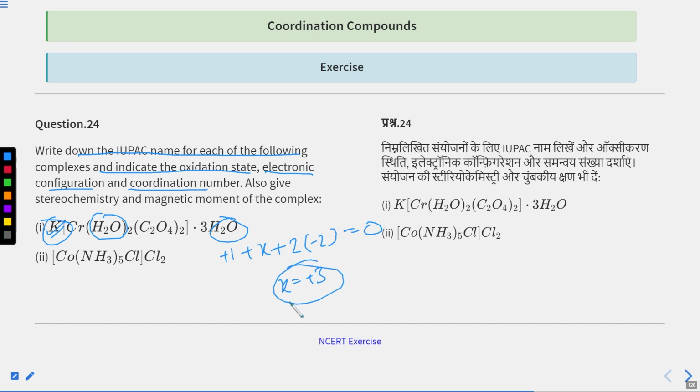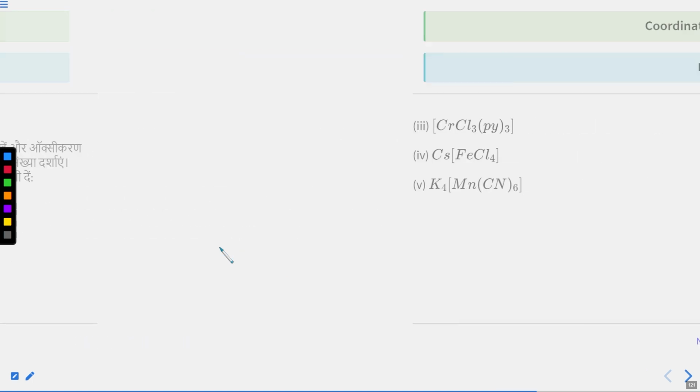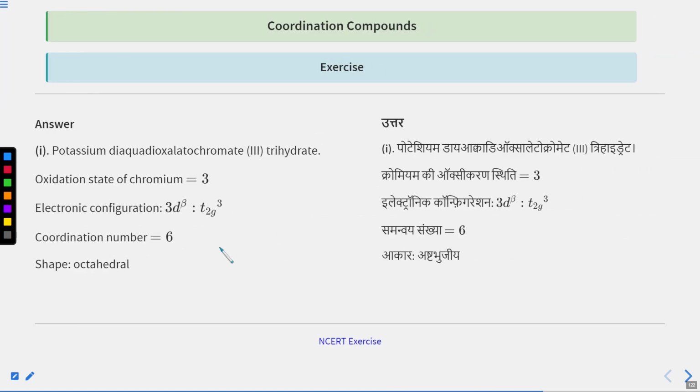So chromium will be +3. And then we have the water of crystallization. So the name would be potassium diaquadioxalatochromate(III) trihydrate. And this will be the electronic configuration: T2g3. No pairing, you don't have to think about pairing because only 3 electrons are present.